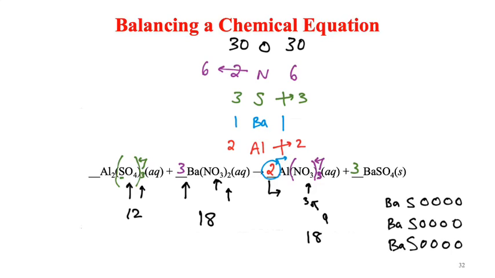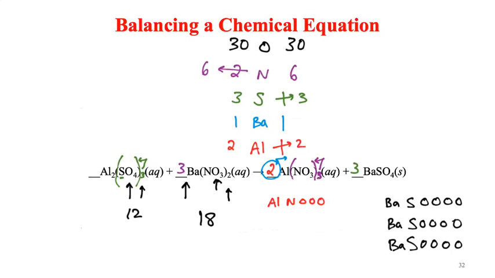So let's do it with one more. Let's take a look at the aluminum nitrate, and let's break that one down. We have aluminum, and I have 1 nitrogen.